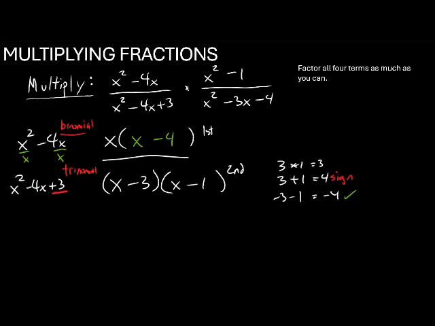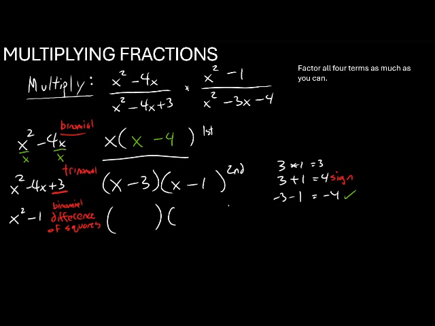Now we'll move on to the top of the second fraction, x squared minus 1. This is a binomial, but you may notice that x squared and 1 are both perfect squares. If you have a binomial that contains only perfect squares and a negative in between, this is now a difference of squares, which is one of our special forms.